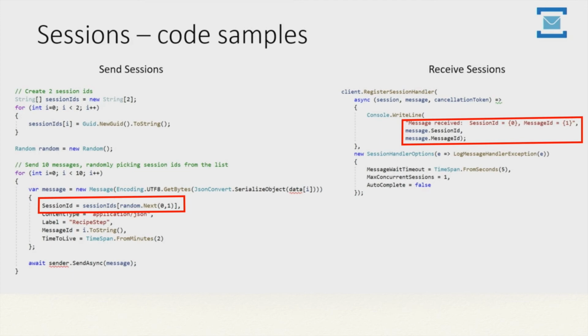At the receiver end, we declare the receiver sessions by saying client dot register session handler. So at the queue client, instead of registering the message handler, we are registering the session handler. This is the difference.